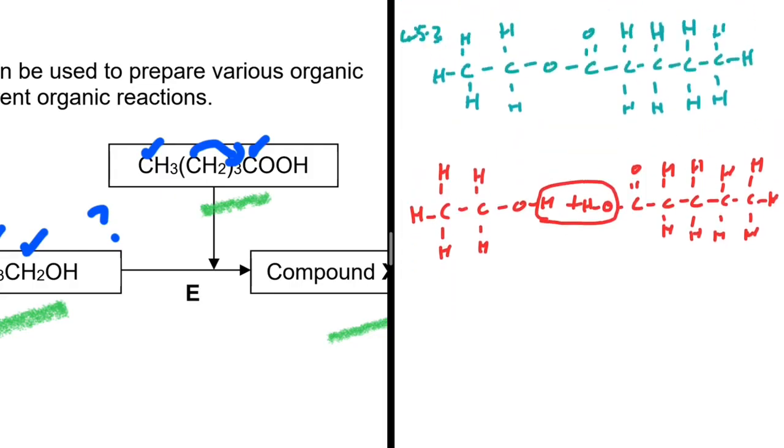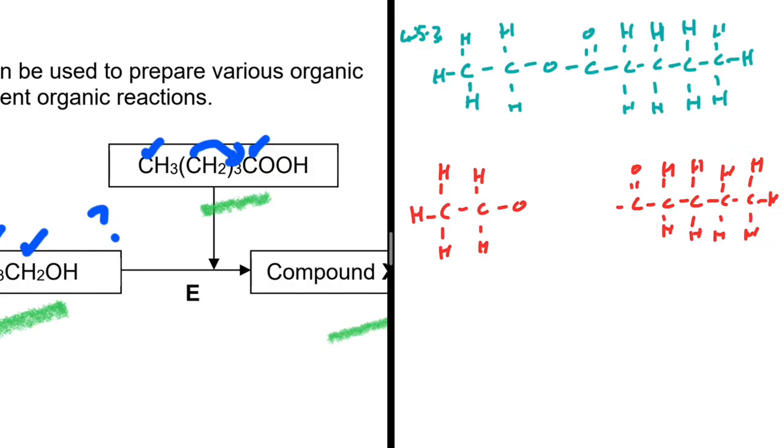And that is why a byproduct, an inorganic product, of esterification is H2O. So we are essentially losing this part, because we get water when we add the two compounds.